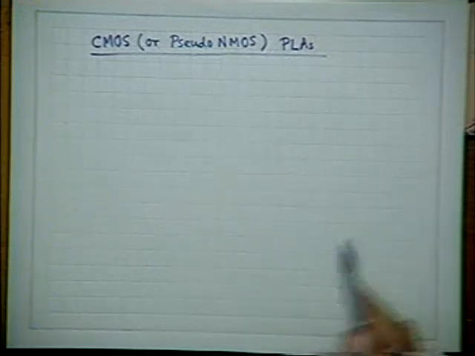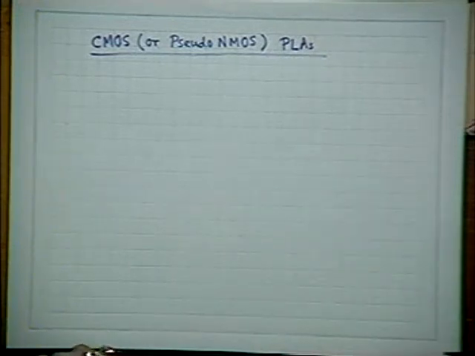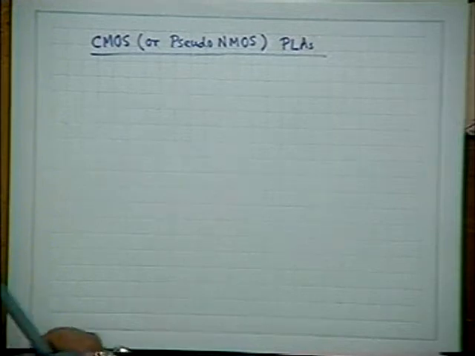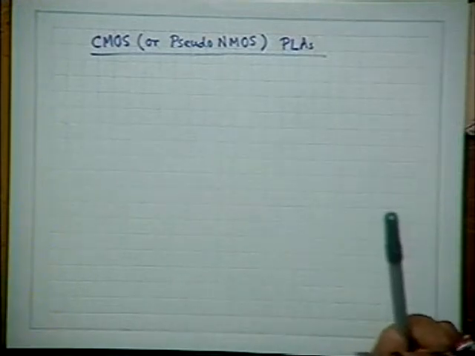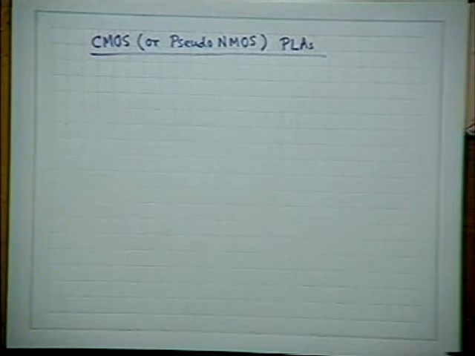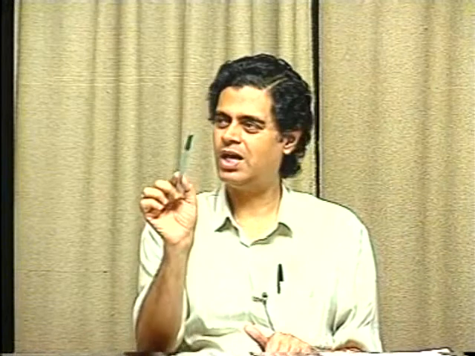Now, you know that one drawback of PLA is that almost the entire operation is carried out by NMOSs. You remember, these are driver transistors, and only one load transistor is there per row or per column in the AND plane or OR plane respectively.